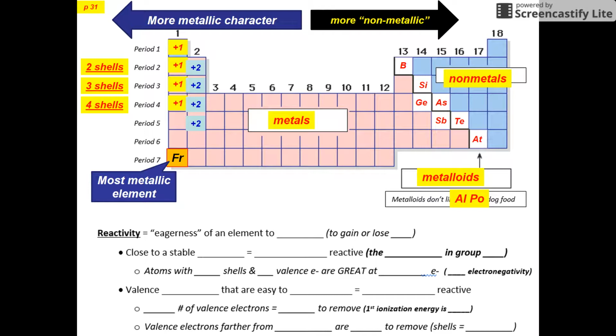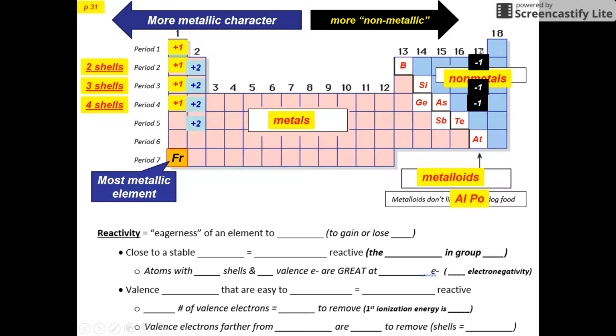Right? Now, over here on the right side of the periodic table, with group 13, 14, 15, 16, and 17, remember, group 17 has 7 valence electrons. Group 13 has 3 valence electrons. But back to group 17. If it has 7 valence electrons, it would really love to get to 8, because 8 is great.